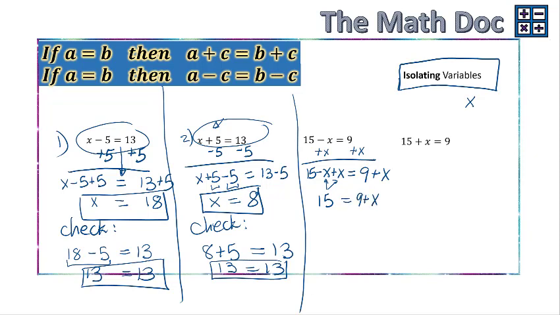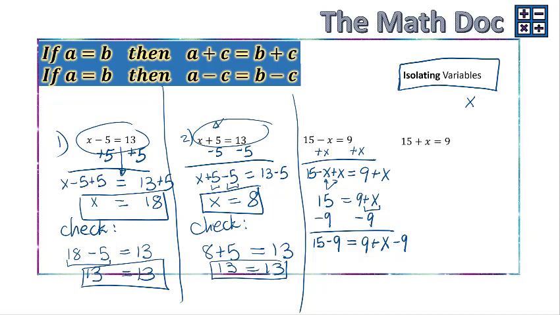Okay, so now we have a positive coefficient before our x, but it's still not isolated. How do we isolate it? Well, we want to basically get rid of that 9. How do we do that? We subtract 9 from both sides of this equation. So now we have 15 minus 9 equals 9 plus x minus 9.